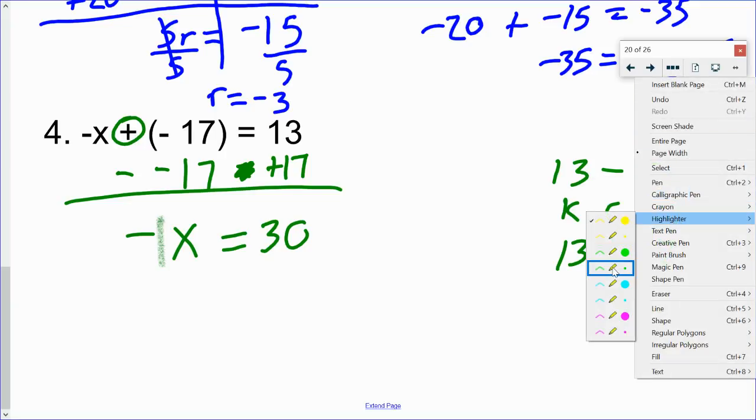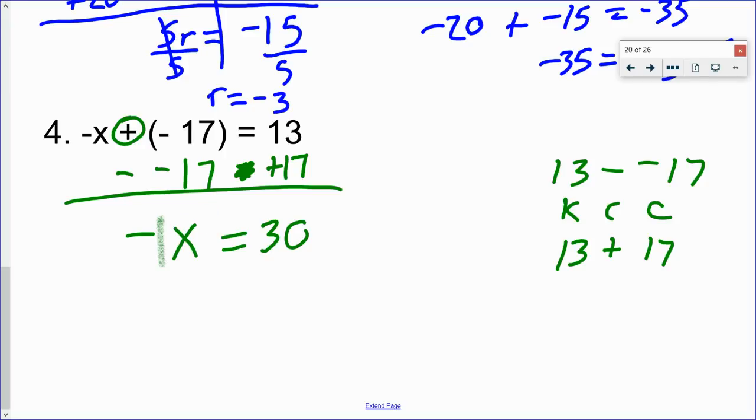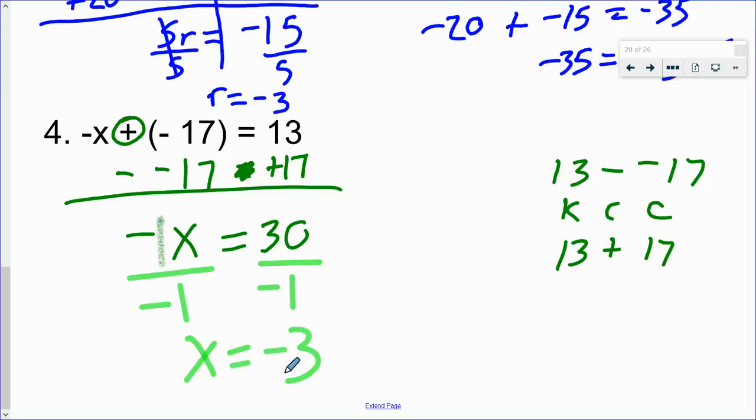I guess highlighter. Oh, there it goes. It finally got 1. So we are going to divide both sides by a negative 1. So then x equals a negative 30.